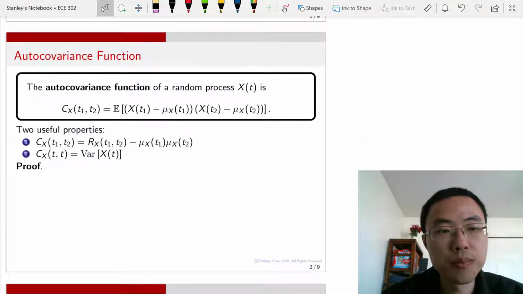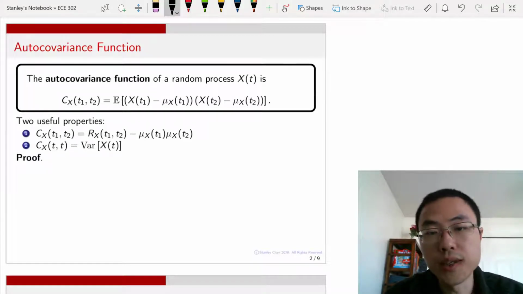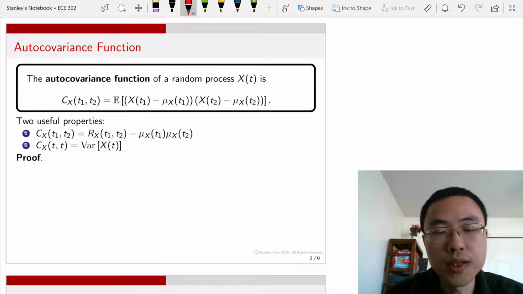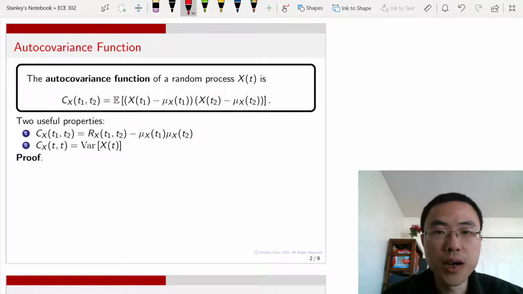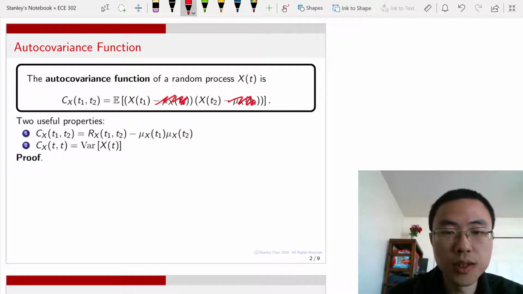So let's talk about the autocovariance function. The autocovariance function of a random process x of t is defined as the expectation of x at t1 minus mu x at t1, times x at t2 minus mu x at t2. The way to understand this is to ignore the mu. Then what do you have?